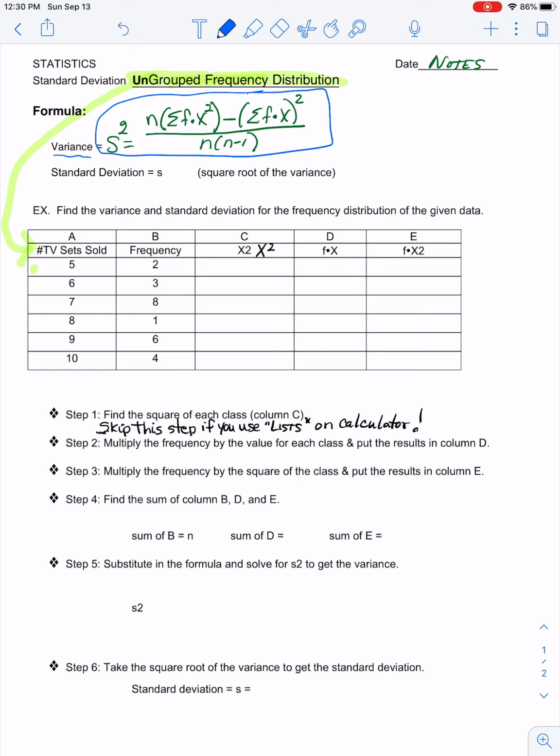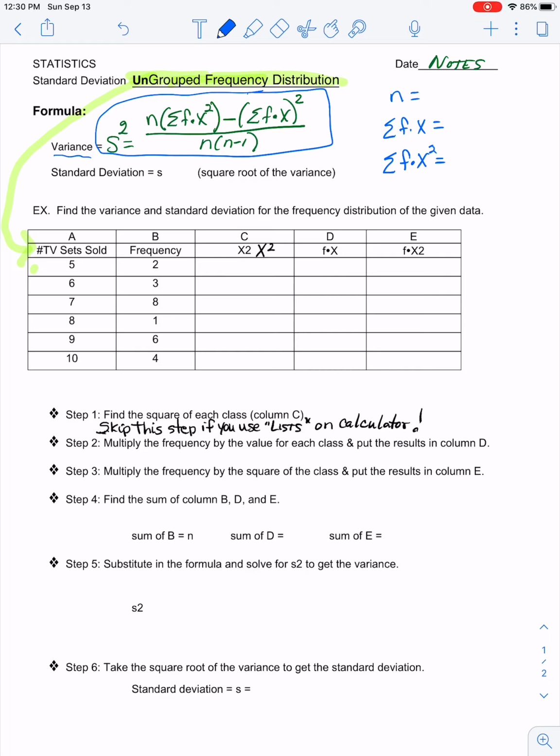We need 3 values to fill our formula. We need to know n, the sum of the f times x's, and the sum of the f times x squares. If you know those 3 values, you can fill your formula and proceed with your calculations.